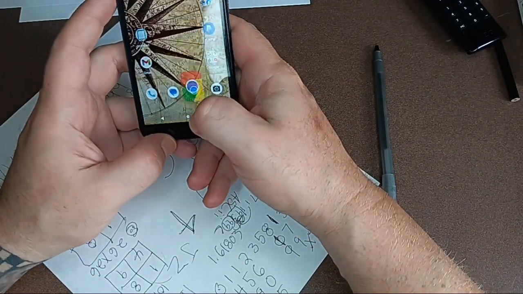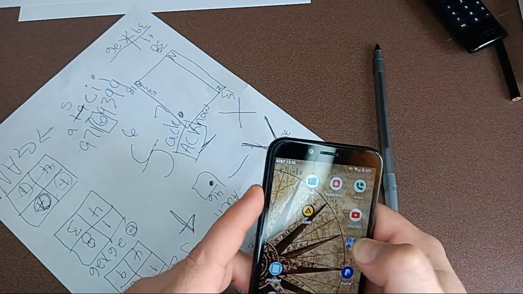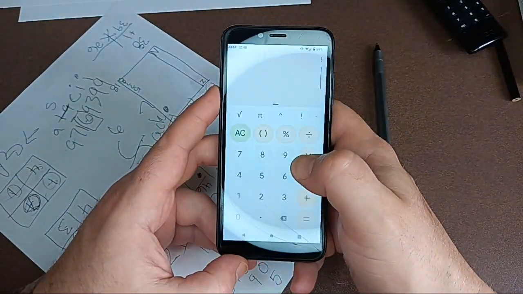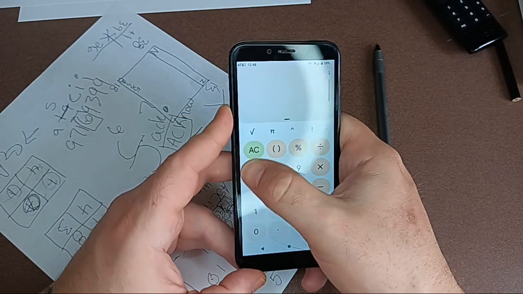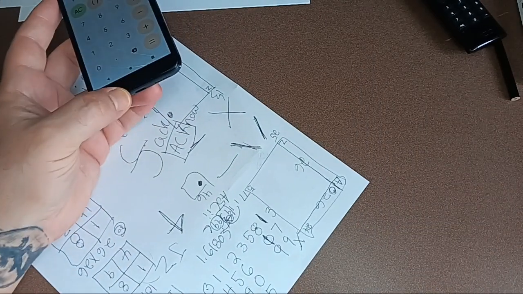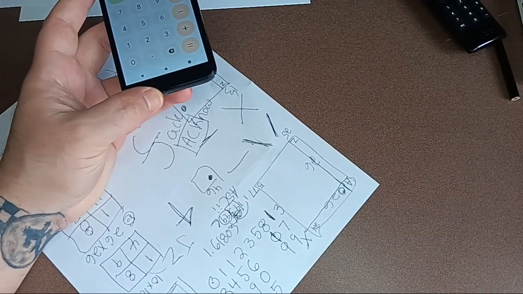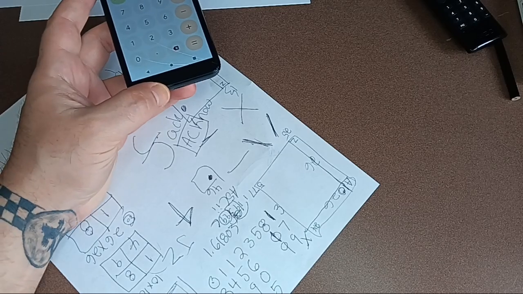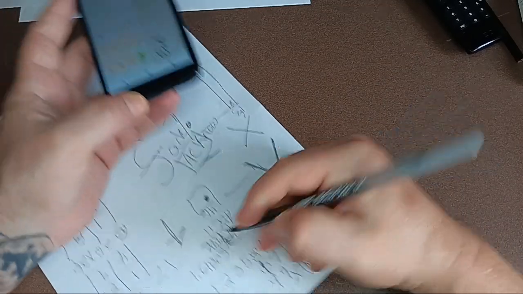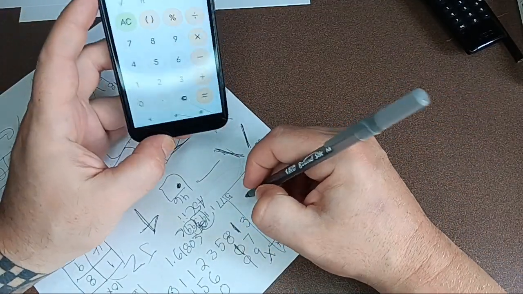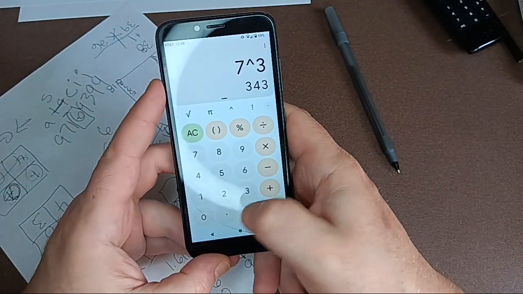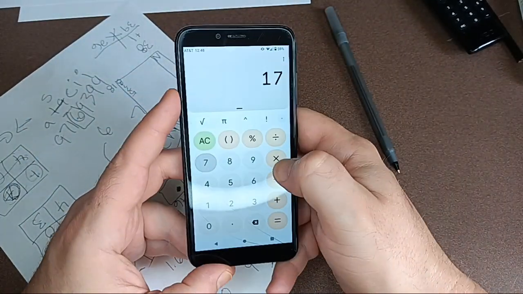So what I want to figure out is, sorry, I'll try to keep the shadow out of it. 7 to the 3rd goes 3, 4, 3. Damn it, Cheryl. So that's 3, 4, 3. I'm gonna back it up. Try 17 times.